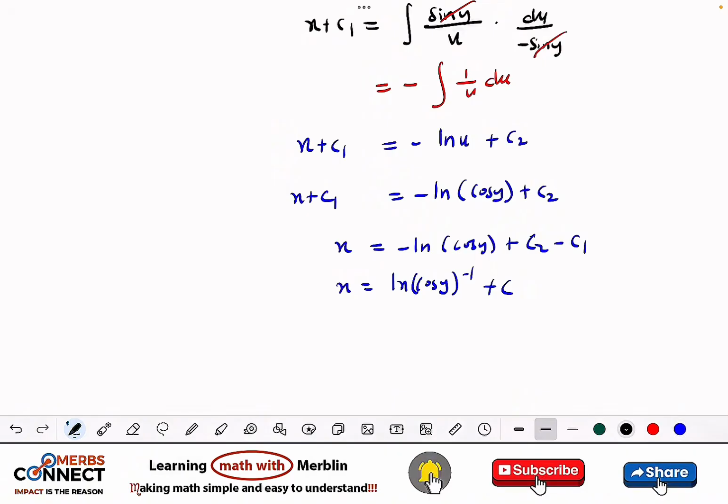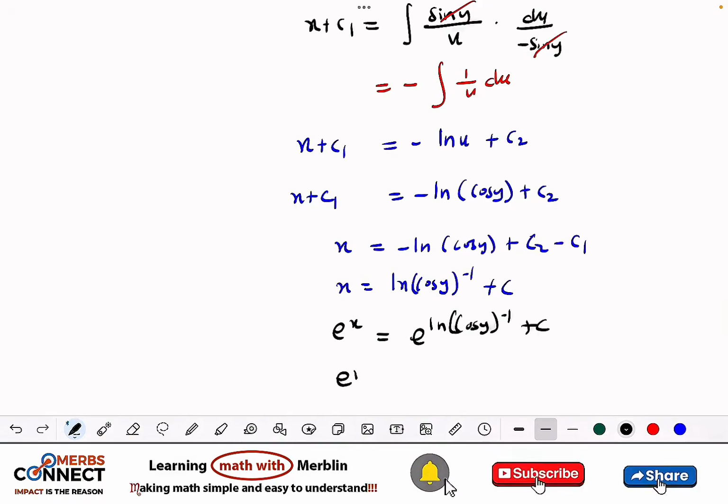Now, since I want to find y, and I have this here, I need to pick the exponential function. So this, and then cos y to the power minus 1 plus c. So I pick e on both sides, and I'm going to have e^x.